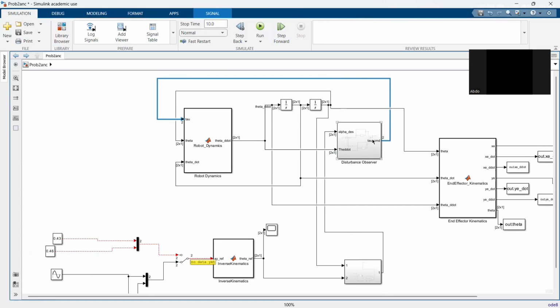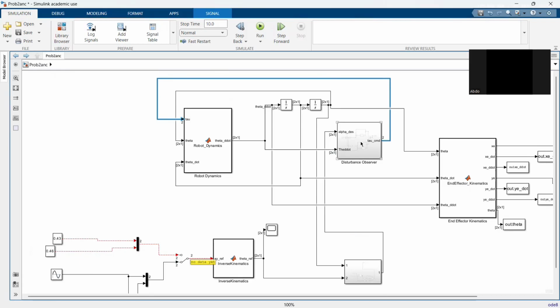And for our disturbance block, the disturbance is added between the controller and the robot plant to improve the motion. Its job is to estimate the disturbance acting on the motors.